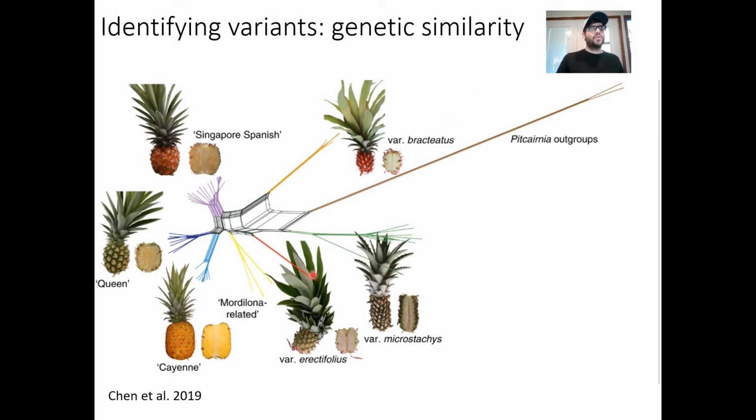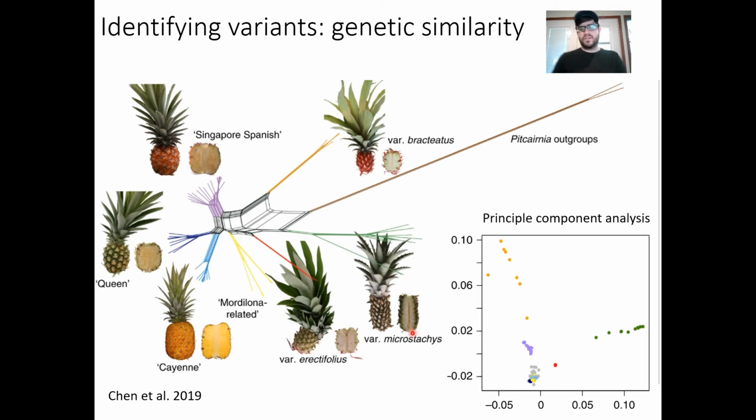What we can see here is all of our cultivar groups in yellow, blue, and purple, and these are most closely associated with the subspecies rectifolius. Then we have these other outgroups that are more distantly related. So we can use these relationships to say that domesticated pineapple is most closely related to this wild species here.